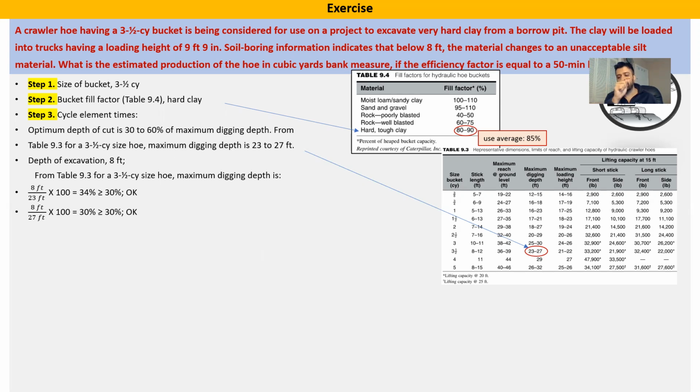In order to make sure that you could use the next table, the range of digging should be between 30 to 60% of the maximum digging depth. The maximum digging range is 23 to 27, and we know that we are digging 8 feet.